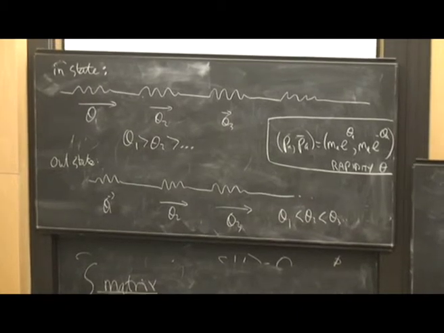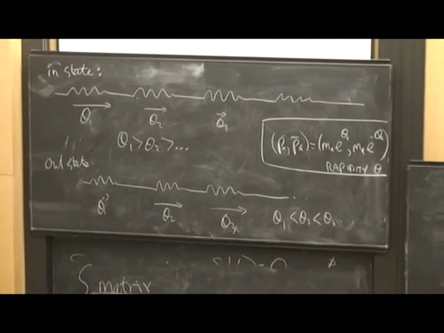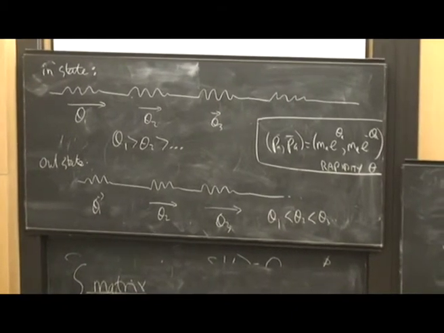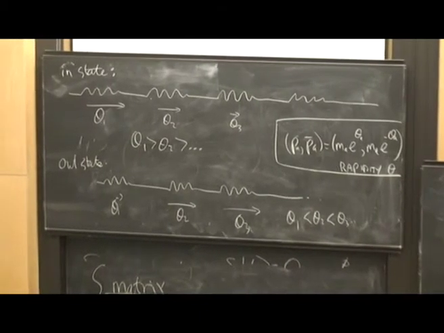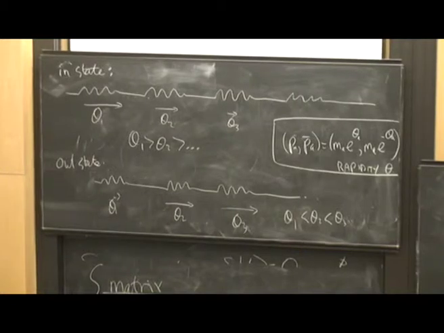But in general, in its far future, that state will be something very complicated. If it's two particles coming together very fast, then there'll be amplitudes to produce lots of different states with different numbers of particles in the far future. So although it looks simple in the past, it will look complicated in the future, and vice versa. And the S matrix is the thing that tells you how to map from one to the other, so it tells you that information.